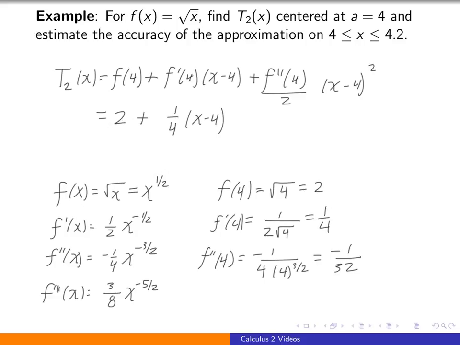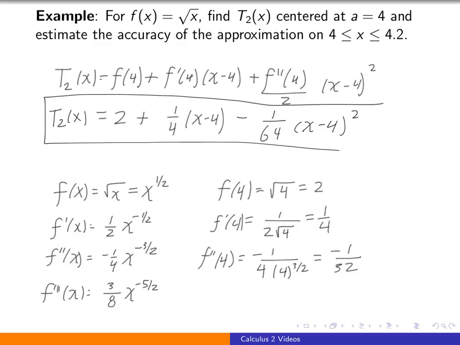Notice in our formula for the Taylor polynomial, we're dividing by 2, so we'll be subtracting 1 over 2 times 32, so 1 over 64 times x minus 4 squared. And this would be the degree 2 Taylor polynomial for the function square root of x centered at 4.